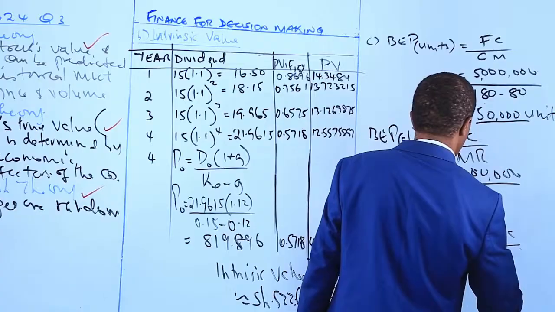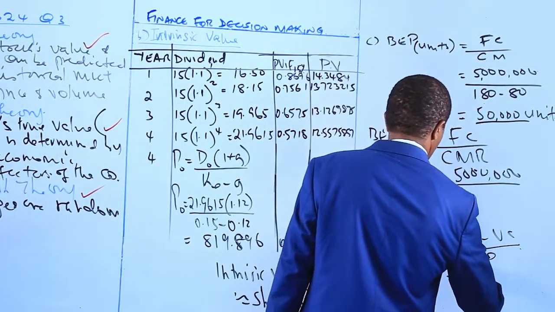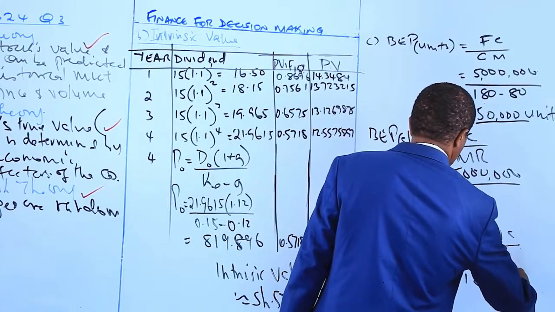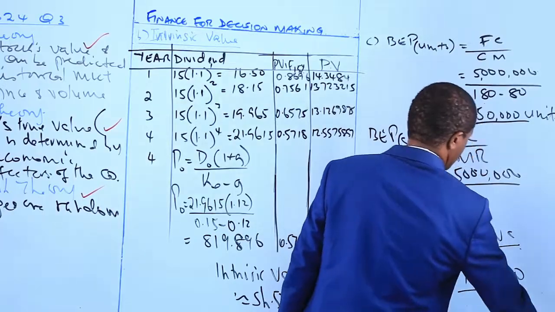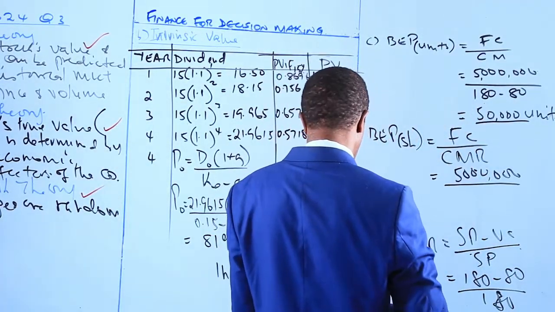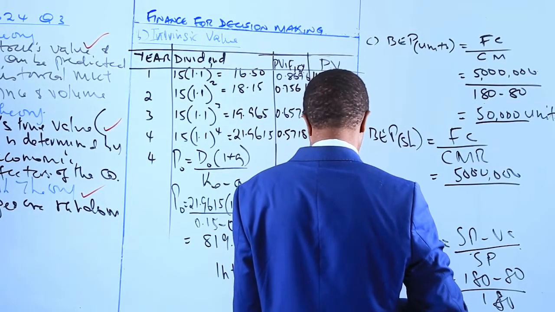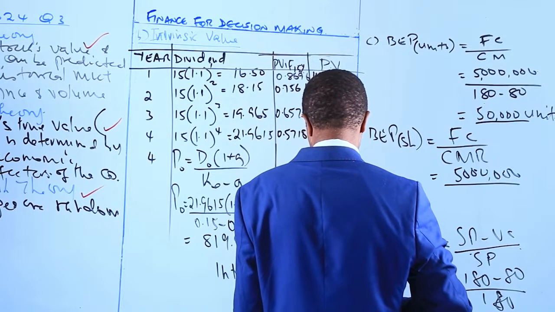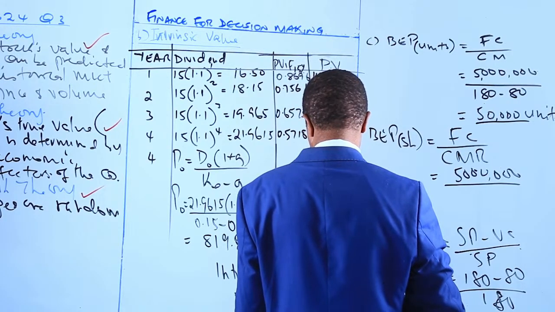Then we divide by the selling price. So this will be equal to 180 minus 80 over 180. So 180 minus 80 is equal to 100. 100 divided by 180.